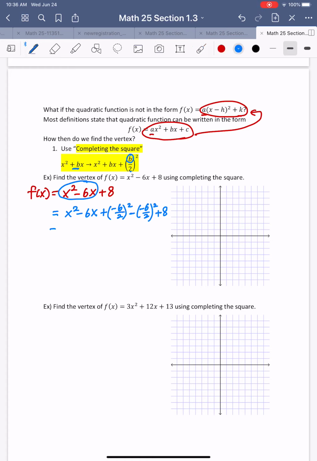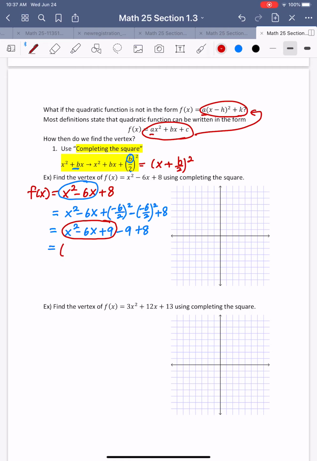Now I'm going to simplify. So x squared minus 6x, and then negative 6 over 2 is negative 3. Squared, it's going to be 9, and then this becomes negative 9 plus 8. Now you can put this as a perfect square, which is x plus b over 2 squared.